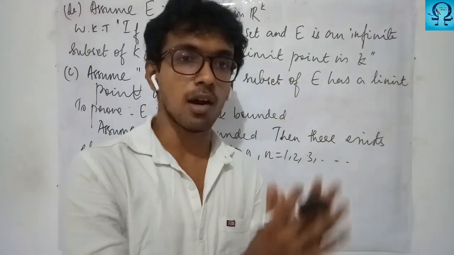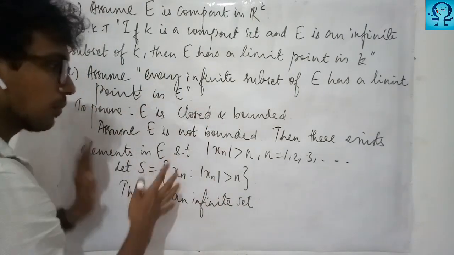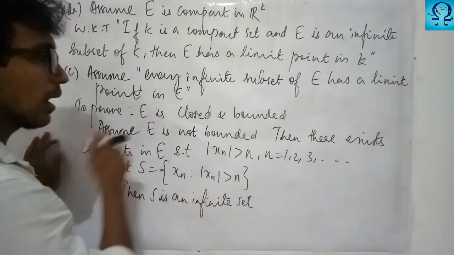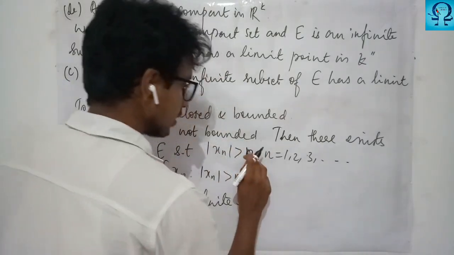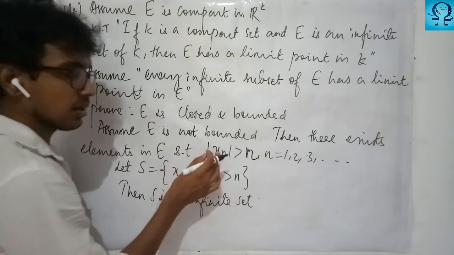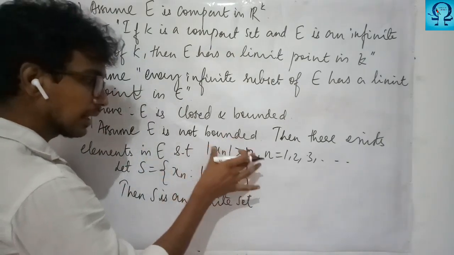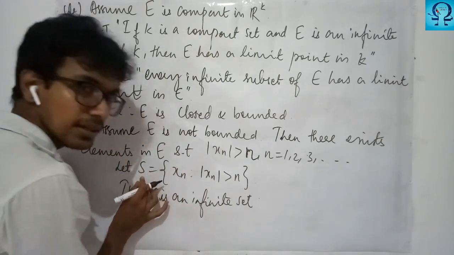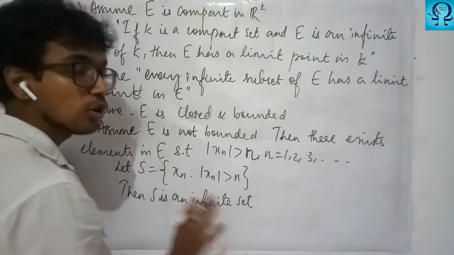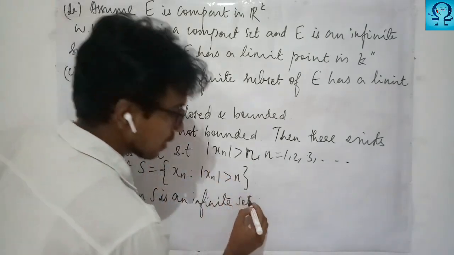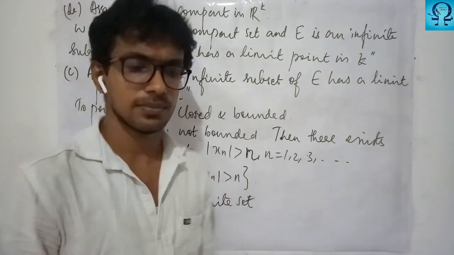So in Rk, some set is not bounded means that you may identify some points of this form. Xn is just the notation, and based on this n, you may identify several points. You are collecting these points inside the set S, and you may always observe that this is turning out to be an infinite set, right?